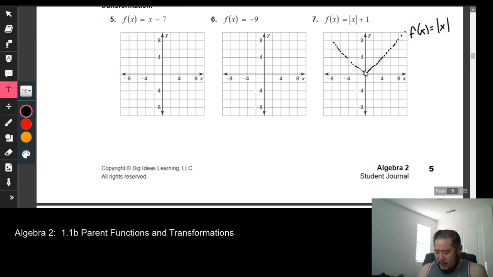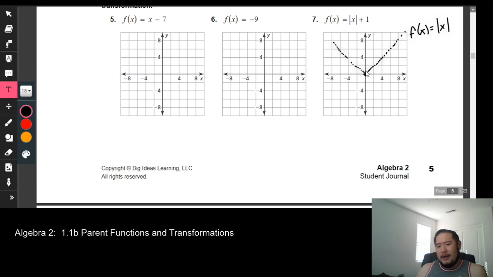So what that's going to tell me is that it is going to take our function. It's not going to change, right? It's not going to shrink. We talk about vertical shrink and vertical stretch. None of that is going to happen.